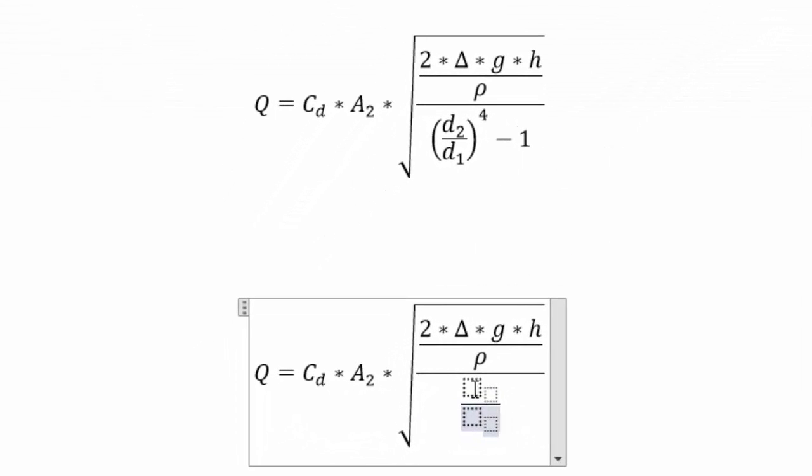Now I'm going to click in the numerator placeholder and type a little d. I'm going to use my right arrow key, type the 2 for the subscript. Then I'm going to click in the placeholder for the denominator, type the little d, right arrow, put a 1.